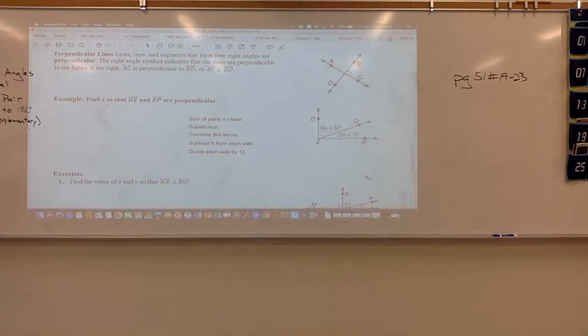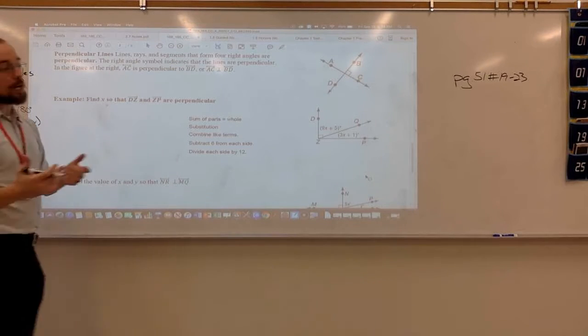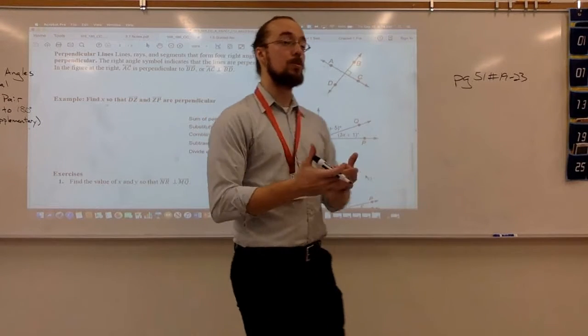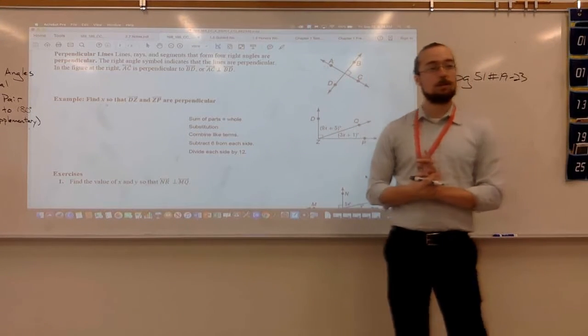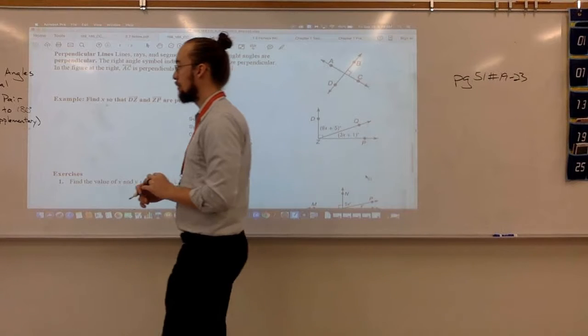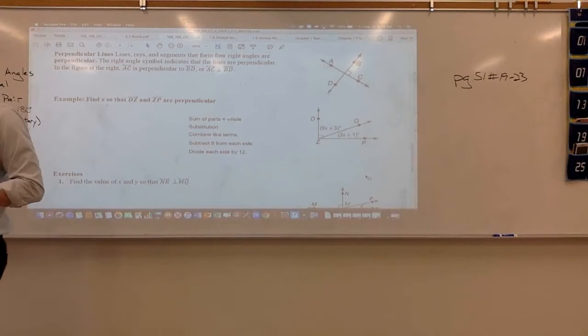Two angles are supplementary, so that would make up a linear pair. So supplementary can be any two angles that add to 180.